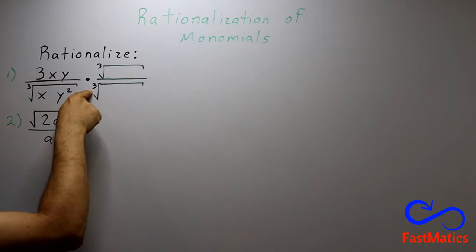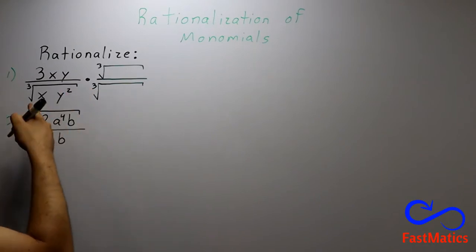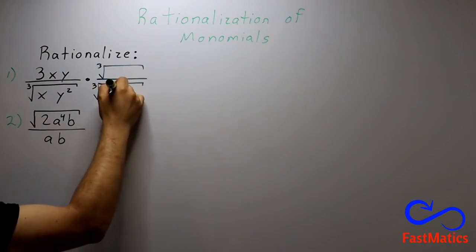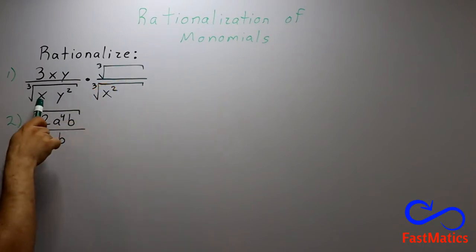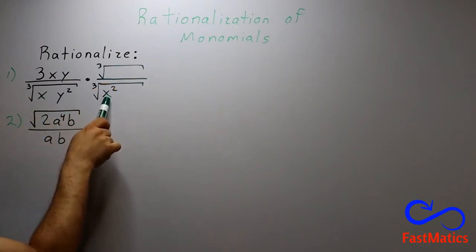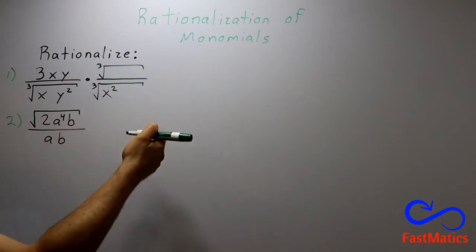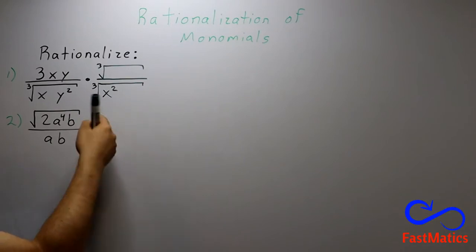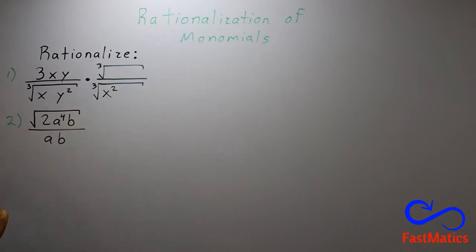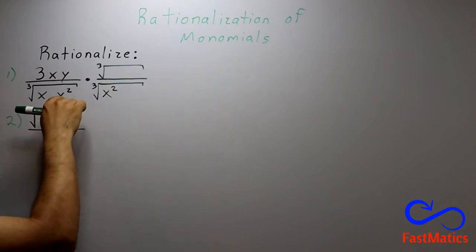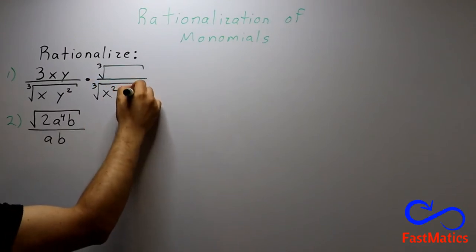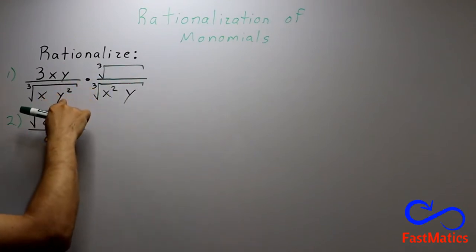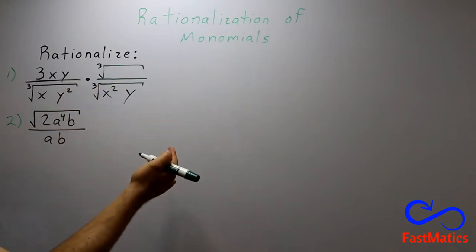So, you are going to put something in order to get an exponent that is the same as the number that is here. If you have x here, you need x squared, because when you multiply x by x squared, you get x cubed. And x cubed can be simplified with the cube root. After that, you can write a y. You need a y, because y times y squared is y cubed.